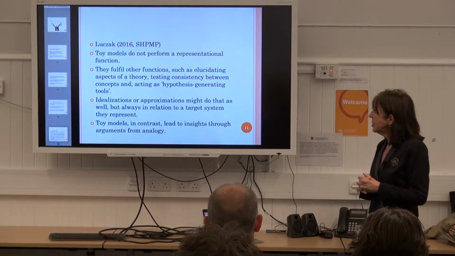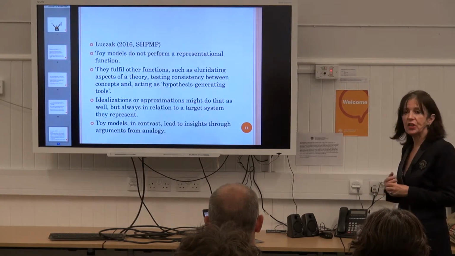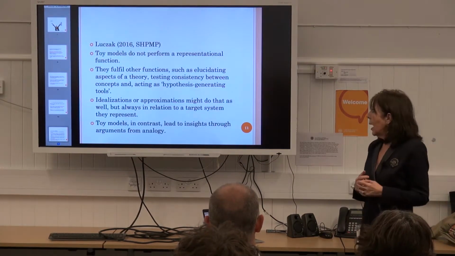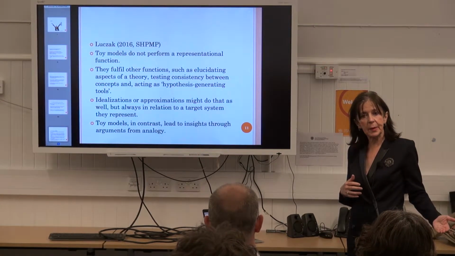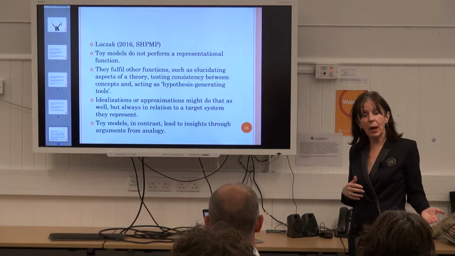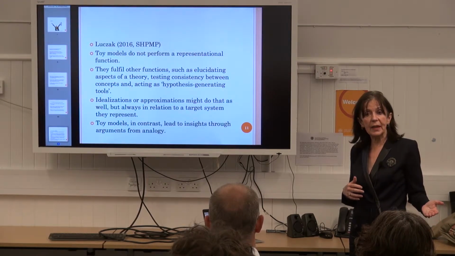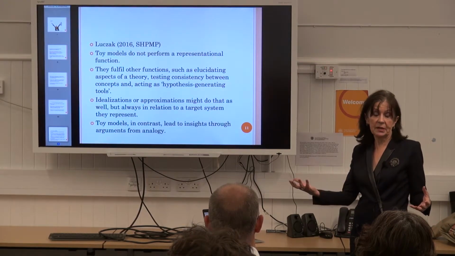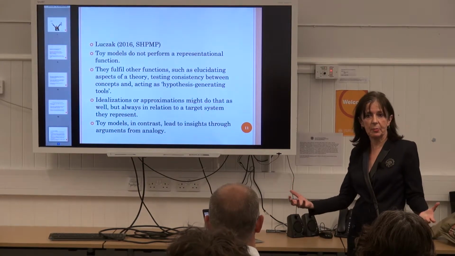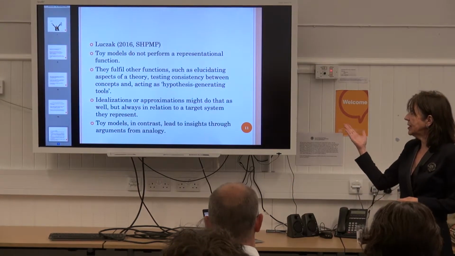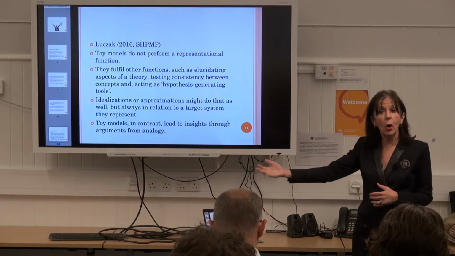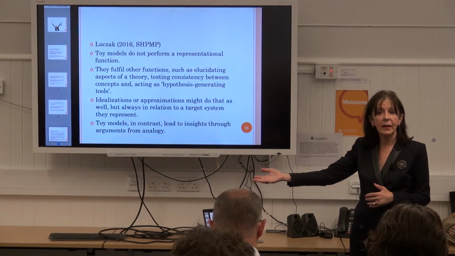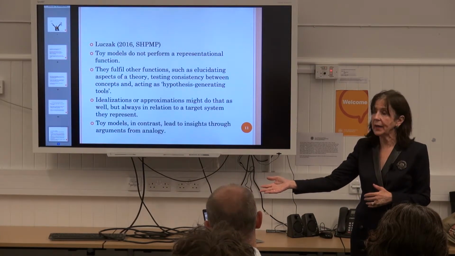He also claims that idealizations or approximations can do that as well, but they're always doing it in relation to a target system. So like the ideal gas model is a model of ideal gases. So there's a target and there's a model. The idea here is that if toy models aren't representational, then there is no target system per se, because they're not representing anything.